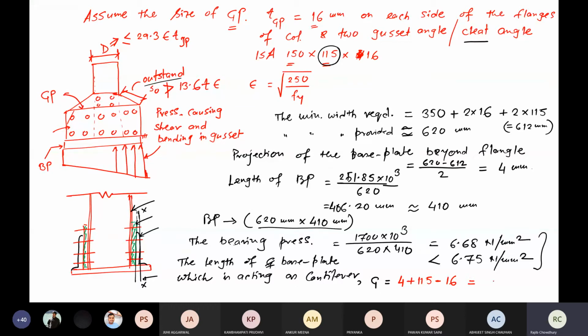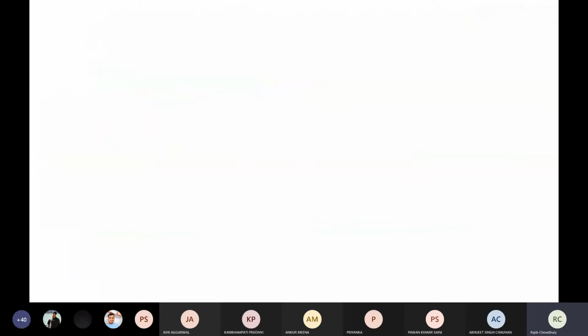So this would be approximately 104 mm, or 105 mm. I think I have made some mistake. It should be 103. Anyway, I have calculated based on 105 because I think I have taken 15 mm over here.